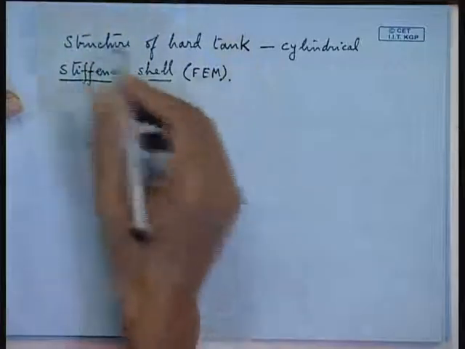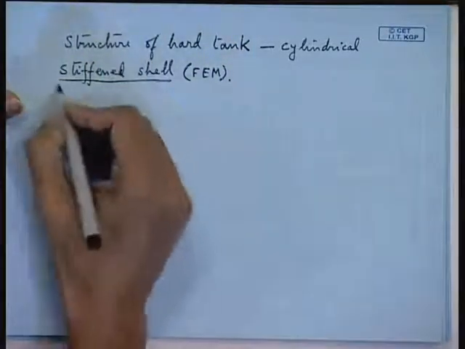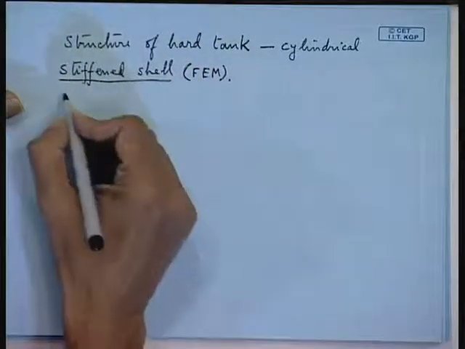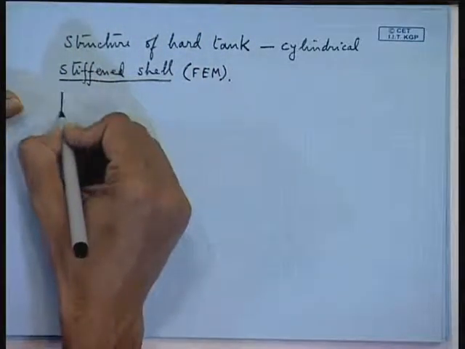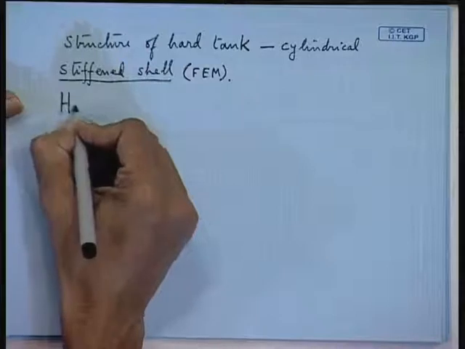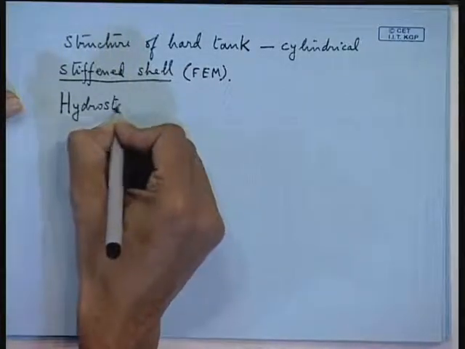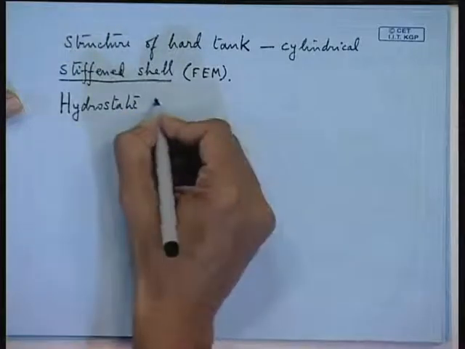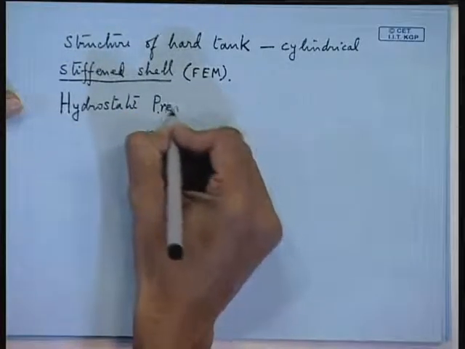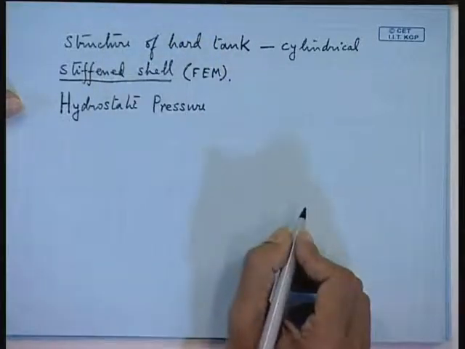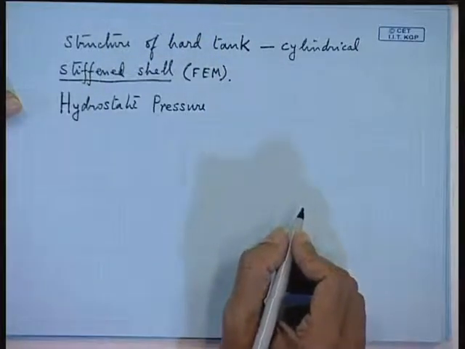Now, another point to be remembered when you are designing the structure of hard tank is that you have to counter hydrostatic pressure, similar to your TLP, because you are having void spaces.